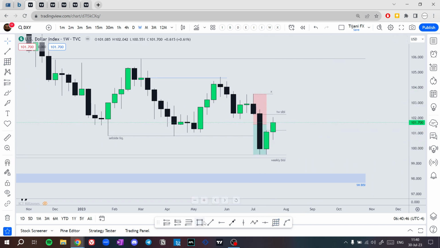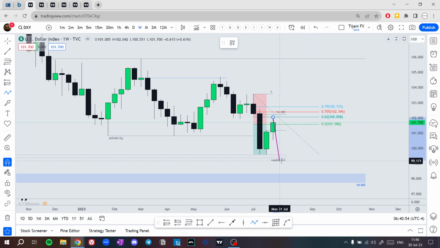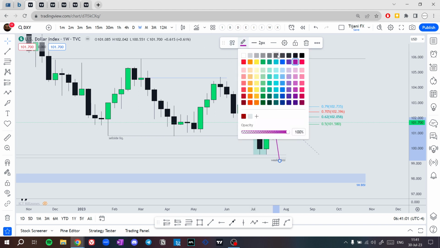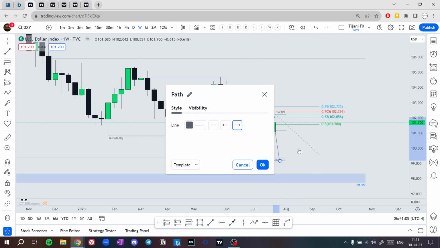This is premium of this range, and we want to see price retrace to optimal trade entry to drop lower as a continuation. Okay, just give me a second. Nice.